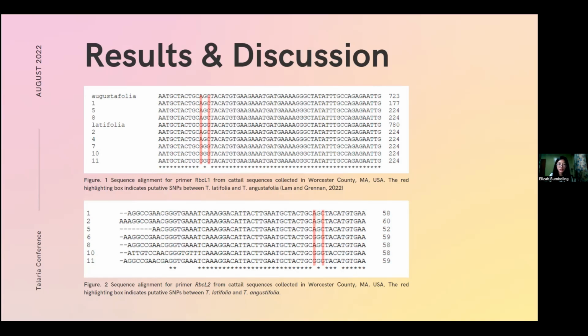In the first figure, this sequence was taken from the Lam and Brennan study, and the figure for primer 1 is figure 1, and figure 2 is the sequence alignment for primer 2.